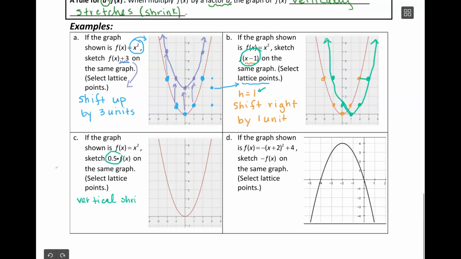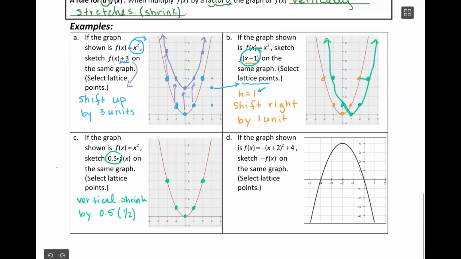I like shrink because if it's less than 1, it's going to be a shrink, by 0.5, which is the same as 1/2. So let's find those 5 points, and we're going to cut them all in half this time.